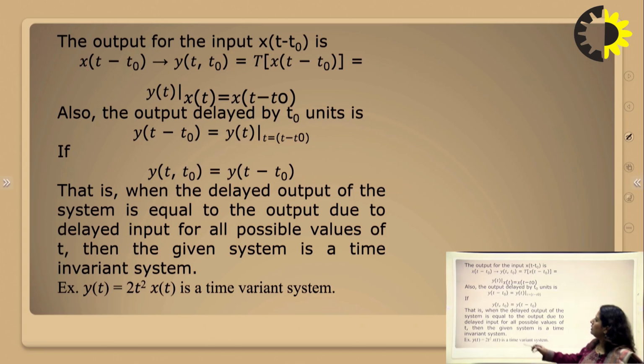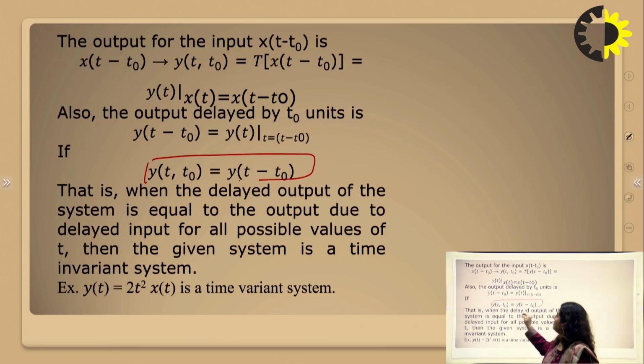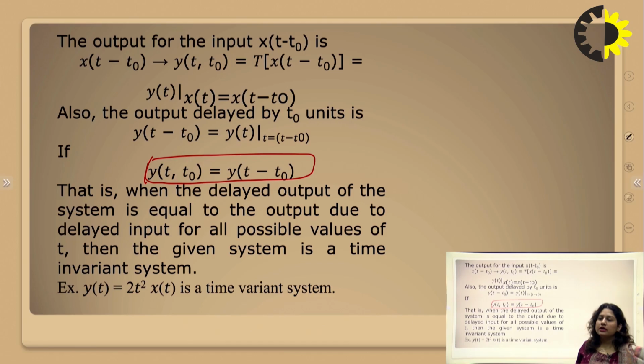In a question, we first find y(t minus t naught), then shift the input, and check whether both are equal or not. If both are equal, then it is time invariant. If both are not equal, then it is a time variant system.